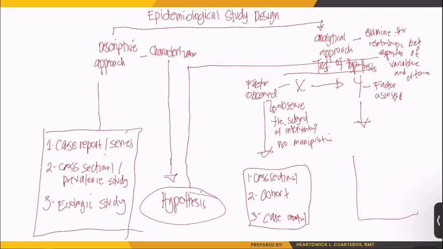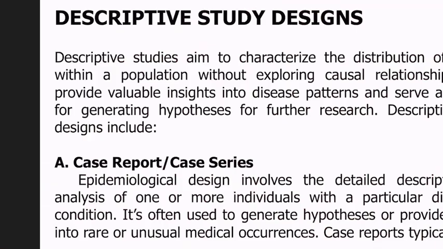Under this, we have your epidemiological study designs, your RCT, and also your community trend. So this is a simple chart of our epidemiological design. Okay? Now let's proceed. Let's proceed muna dito sa descriptive approach or descriptive study designs.